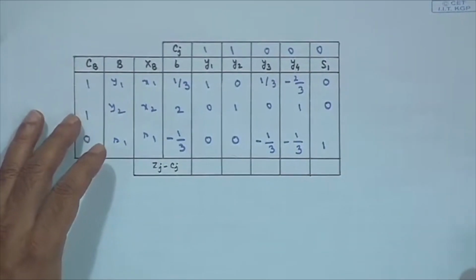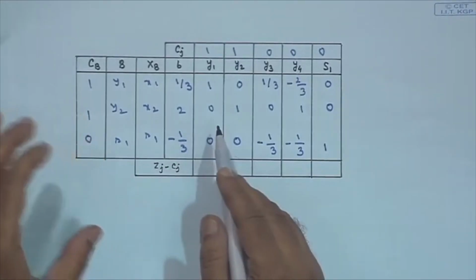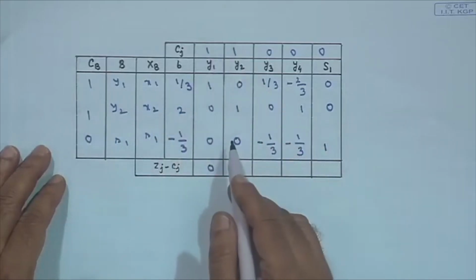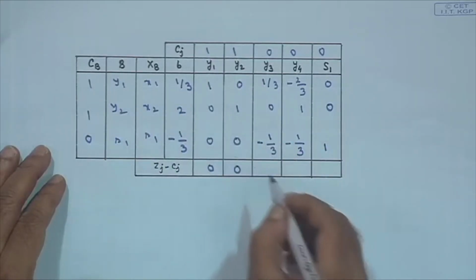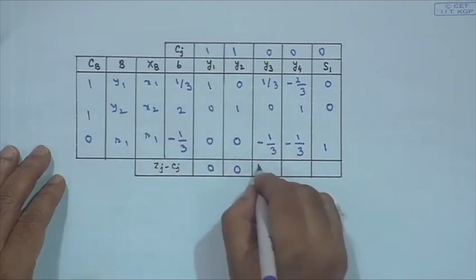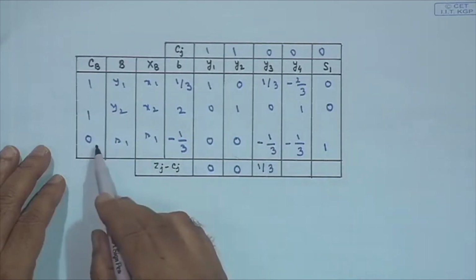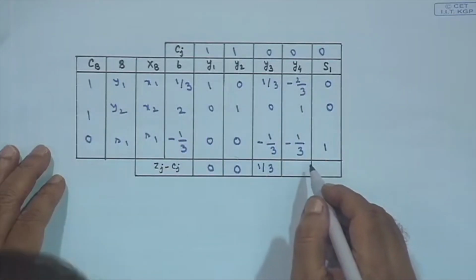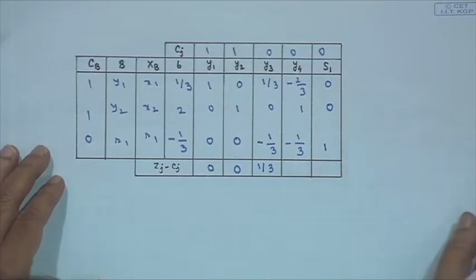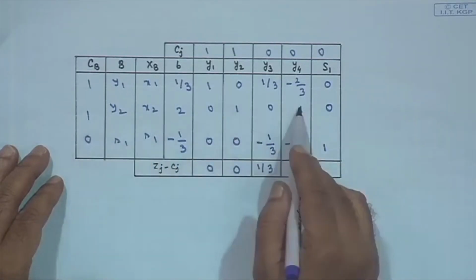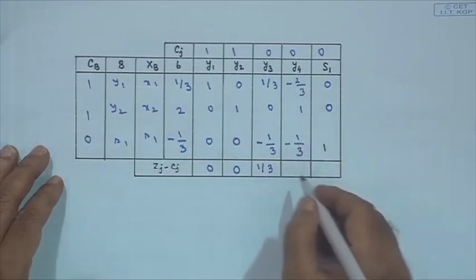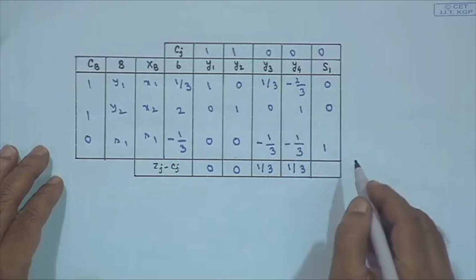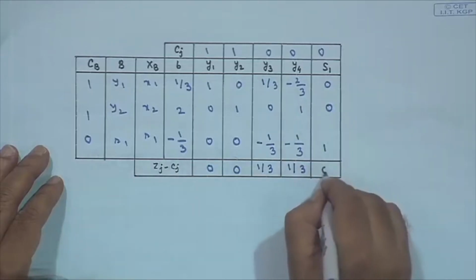Now, calculate the Zj minus Cj values. The first one will be 0, the second one will also be 0, the third one is 1/3, and the fourth one will be 1 minus minus 1/3 into 1, so it will remain 1/3, and then this value will be 0.